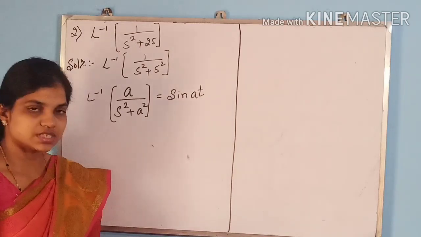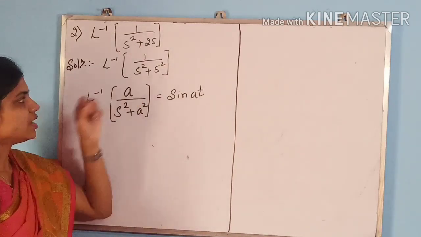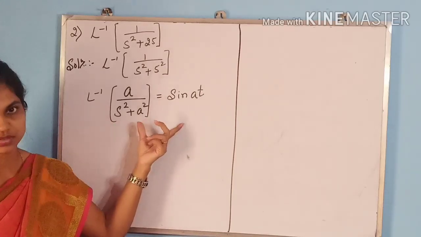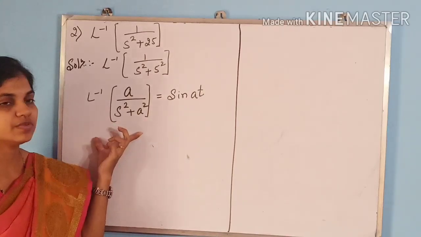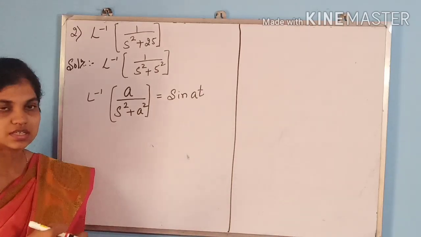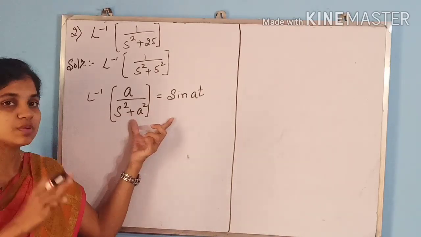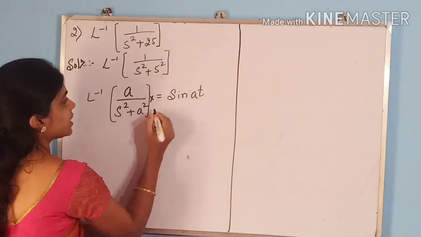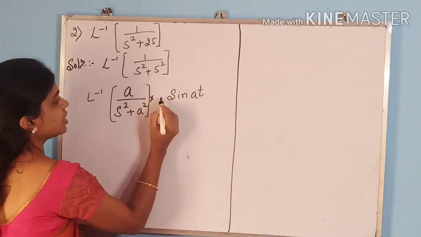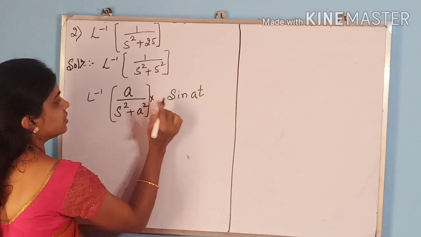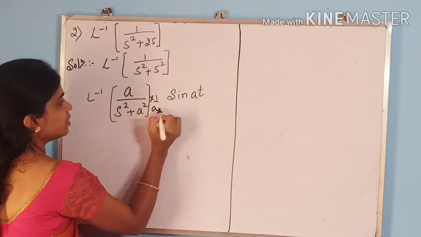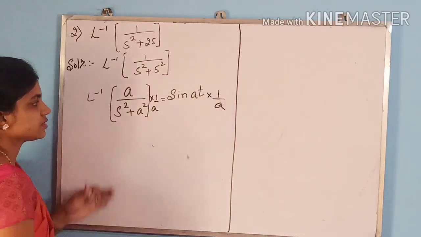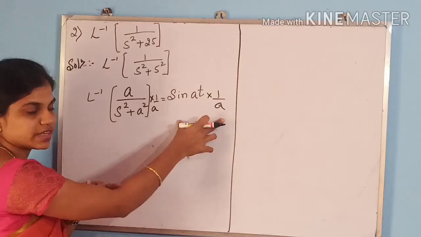But when we see the question, we are in confusion as to whether we have to use this or not. Alright? Now let me give you a small hint here. We can use this formula itself. Now how? I can divide by a on both sides.